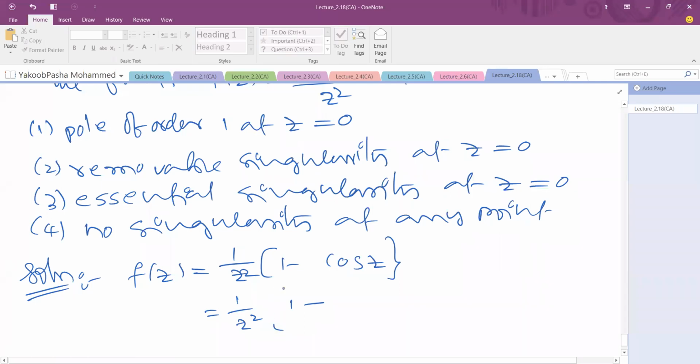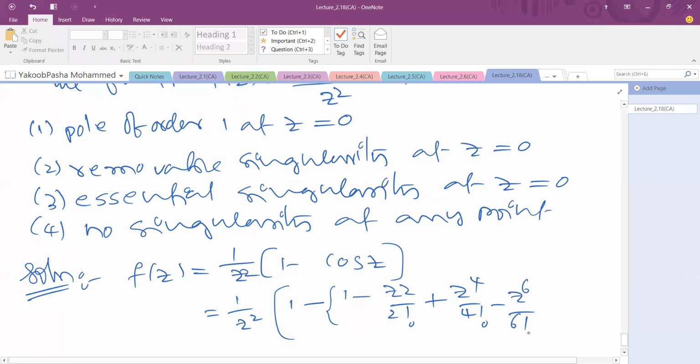Cos is an even function, so the expansion of cos z is 1 minus z square by 2 factorial plus z power 4 by 4 factorial minus z power 6 by 6 factorial plus and so on.